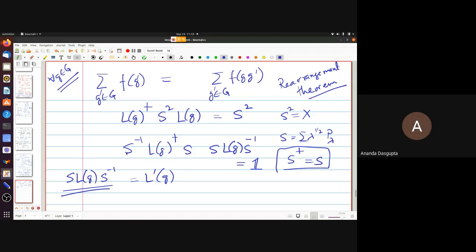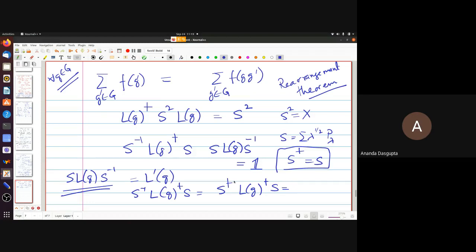But notice, what is this? S inverse LG dagger S is also, of course, the same as S dagger LG dagger S, because S is Hermitian. Sorry, what did I do?